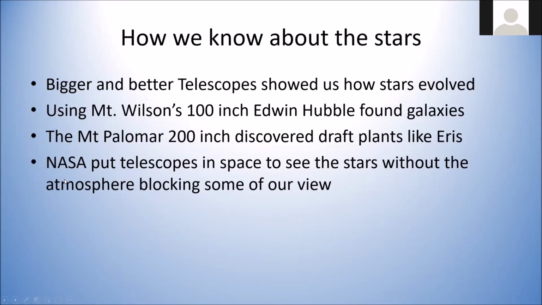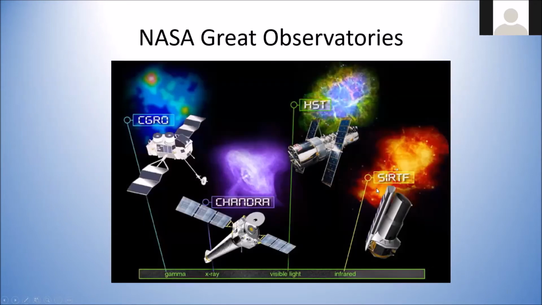NASA, in the 1970s, decided to put telescopes in space so it could see the stars without the atmosphere blocking some of our view. So what did NASA do? NASA created what they called the Great Observatories, 4 significant telescopes covering different portions of the electromagnetic spectrum.